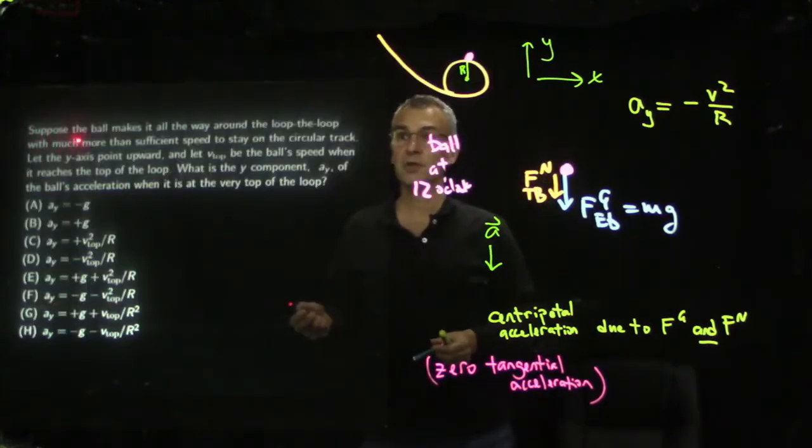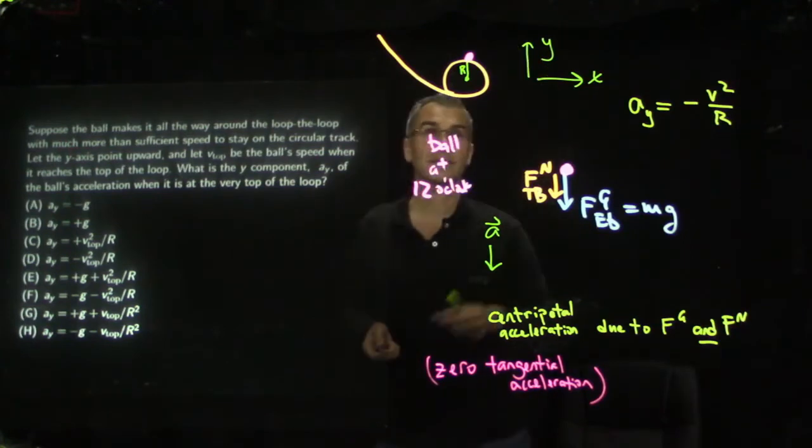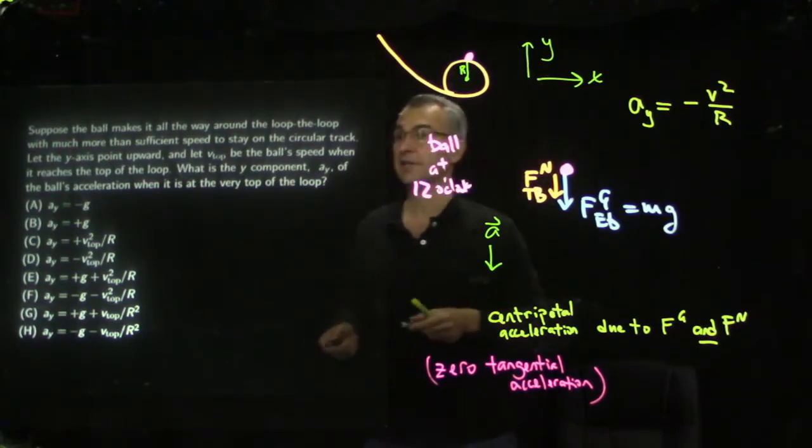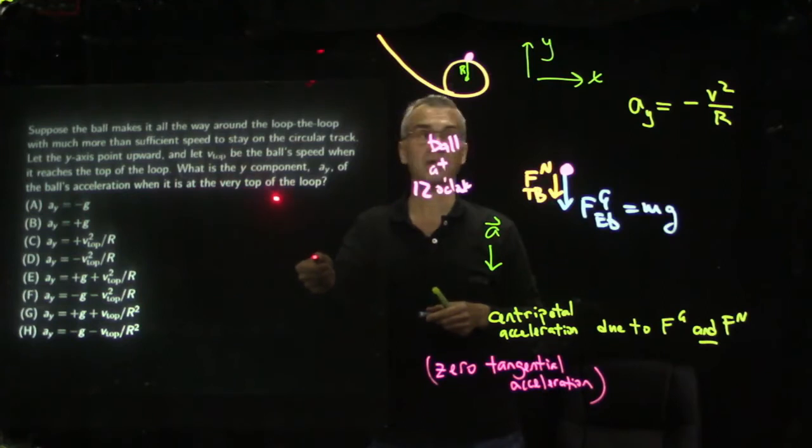Let's suppose the ball makes it all the way around the loop-the-loop with much more than sufficient speed to stay on the circular track. Let the y-axis point upward, and I guess we're letting the x-axis point to the right. Let v top be the ball's speed when it reaches the top of the loop. What is the y component, a sub y, of the ball's acceleration when it is at the very top of the loop?